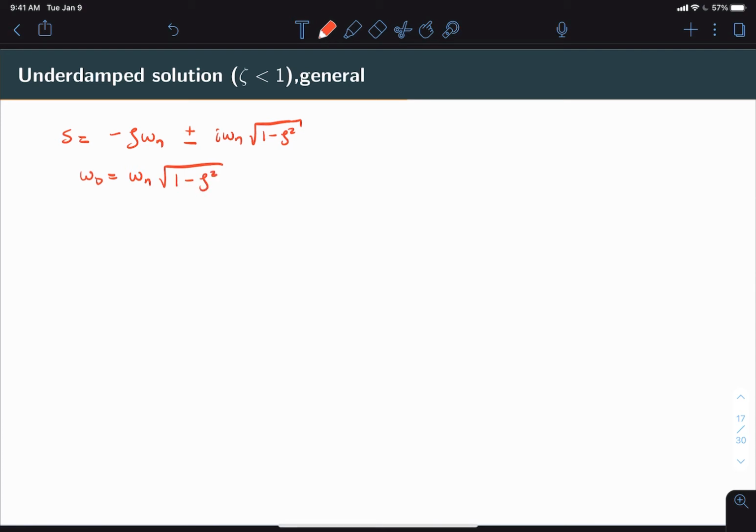That means that s is now negative zeta times omega n plus or minus i omega d. This will make it easier to write all of this out.